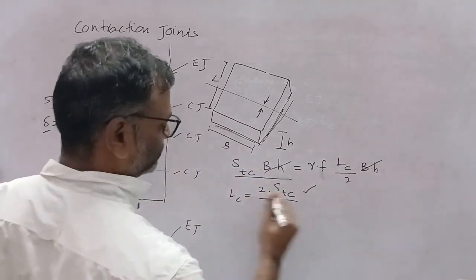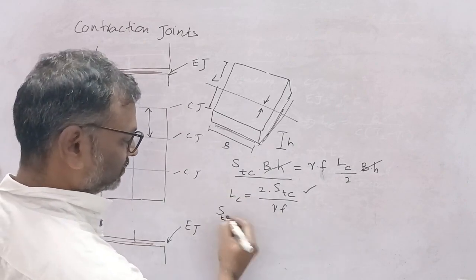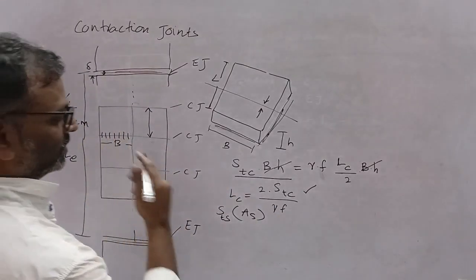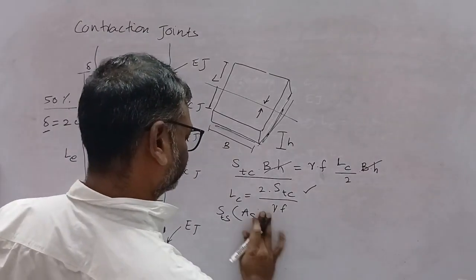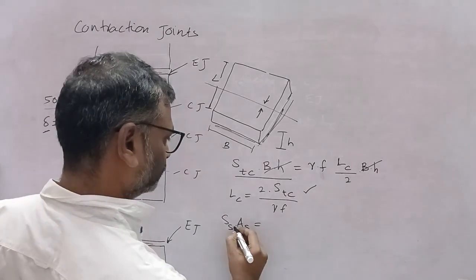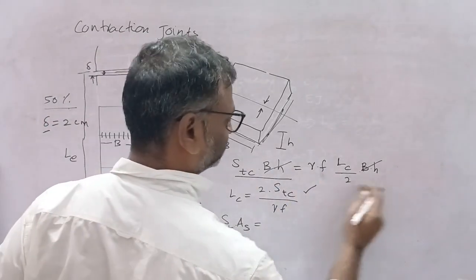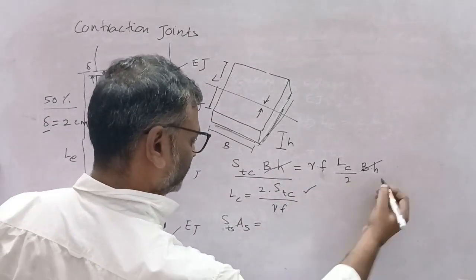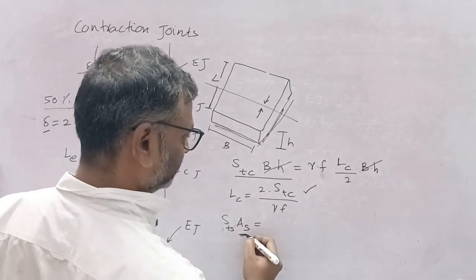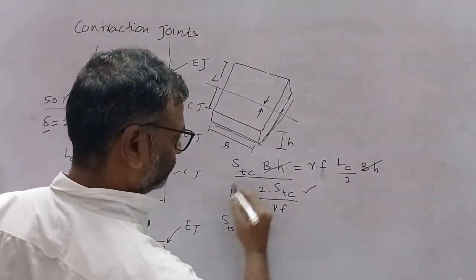So this equation becomes: allowable stress of tension for steel into area of steel, whatever steel you have used, is equal to the same. And then you have to find the length according to this formula.